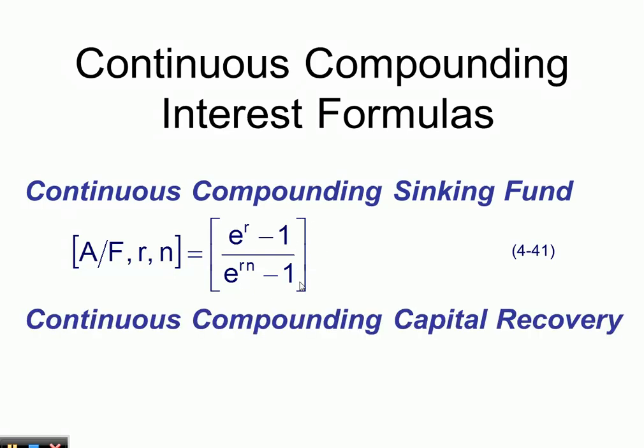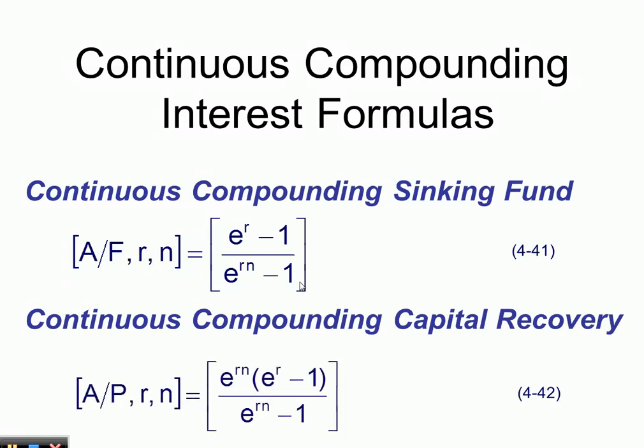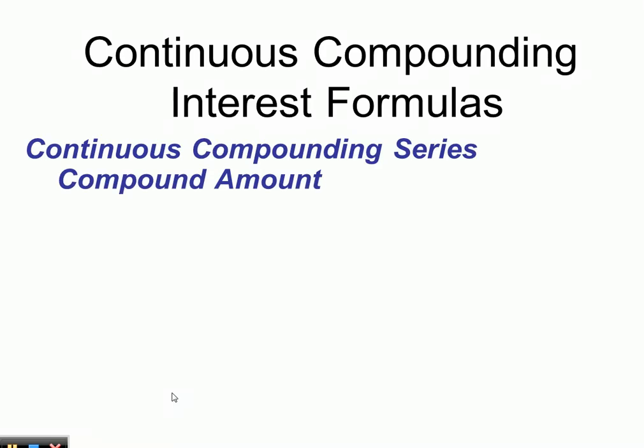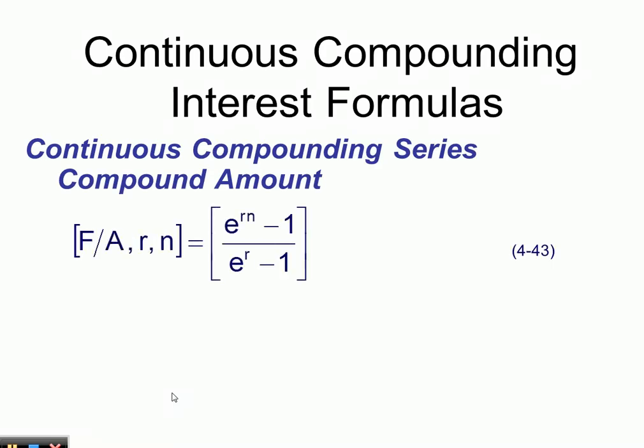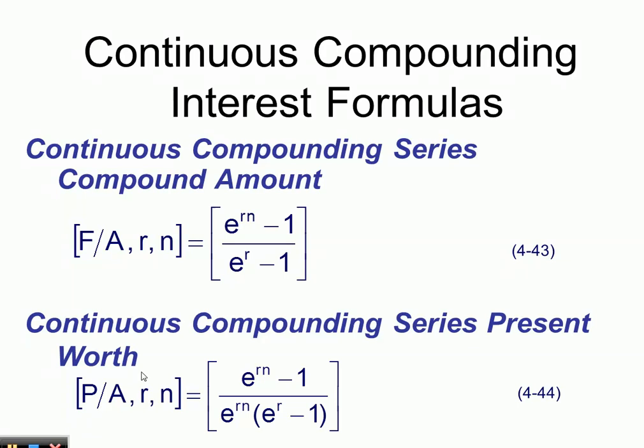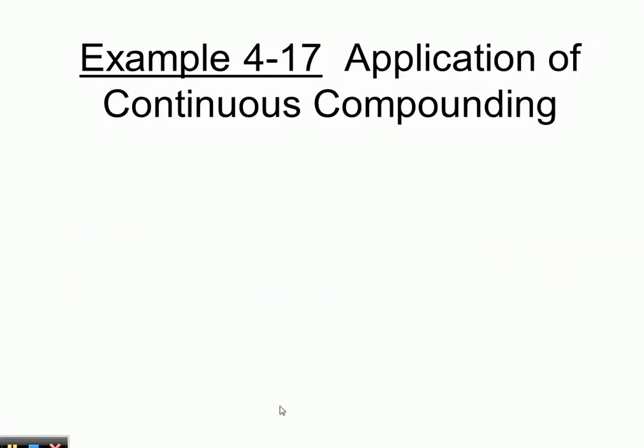And continuous compounding capital recovery, which starts from the present sum of money, finding the uniform series amount given the present and the nominal rate over n years. Also, continuous compounding series compound amount, when we want to find F given A, and continuous compounding series present worth, when we want to find P given A. So again, a lot of exponents.